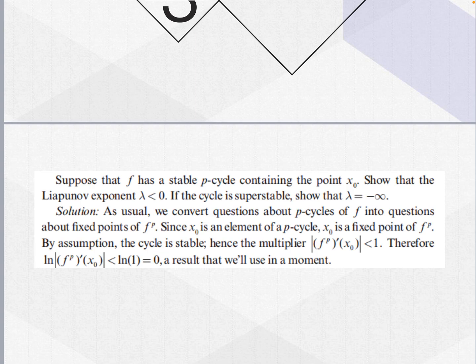Hence, the multiplier |(f^p)'(x0)| is less than 1. Therefore, a result that we'll use in a moment is that ln|(f^p)'(x0)| is less than ln 1 equals 0.